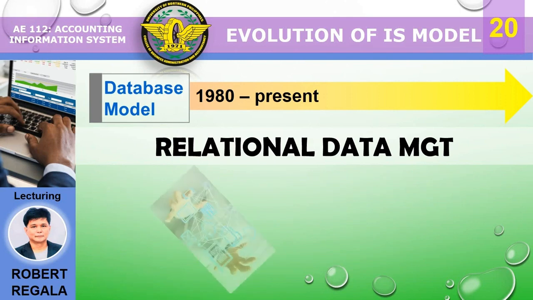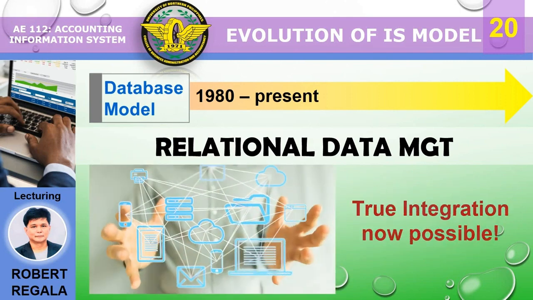The Relational Database Model, or RDBMS, made true integration possible. This flexible database approach permits the design of integrated systems applications, capable of supporting the information needs of multiple users from a common set of integrated database tables. It should be noted, however, that RDBMS models merely permit integration to occur.